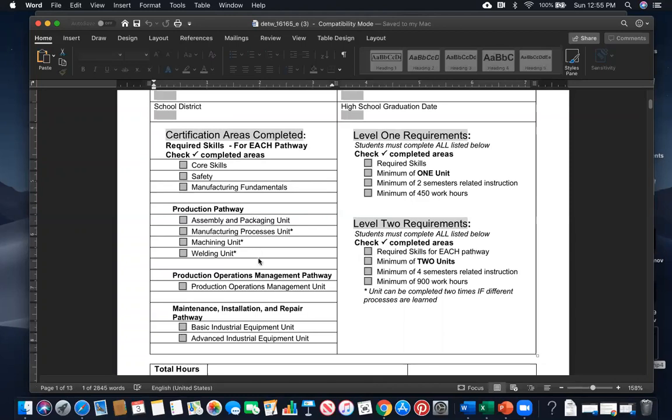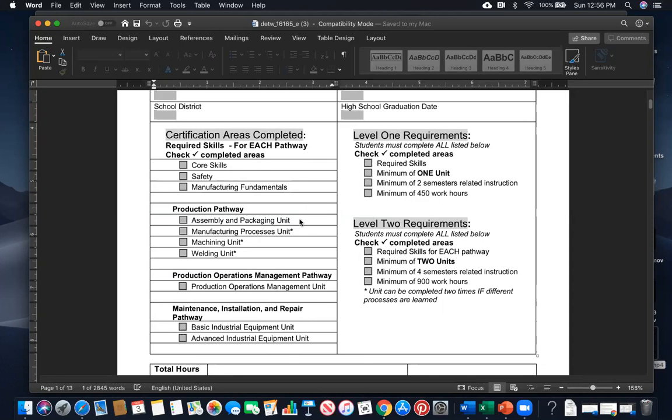And then from there, they have different units that they can choose within a number of pathways. In manufacturing, for example, every student is going to do those core skills and safety skills and manufacturing fundamentals, but then each student would choose from there. And here it tells us that for a level 1, they're going to do at least one unit.